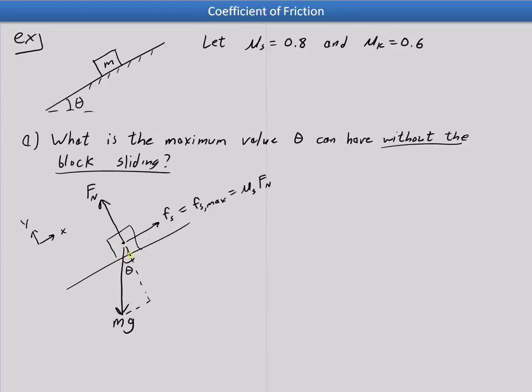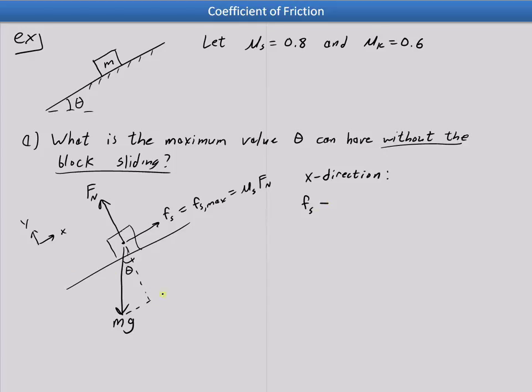Okay, so let's write down an equation, or two equations actually, one for the x direction and one for the y direction. And in both directions, the net force is 0 because the block is not going to be accelerating. In fact, it's not even moving. So in the x direction, in the positive direction, we're going to have the static friction force.